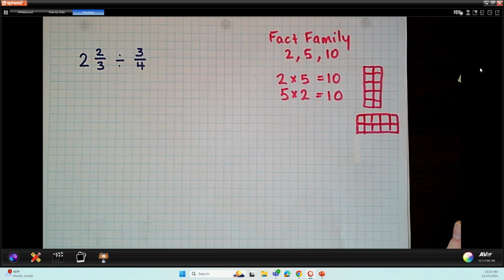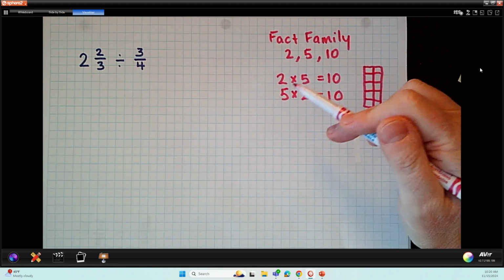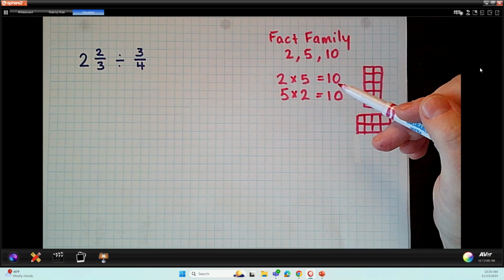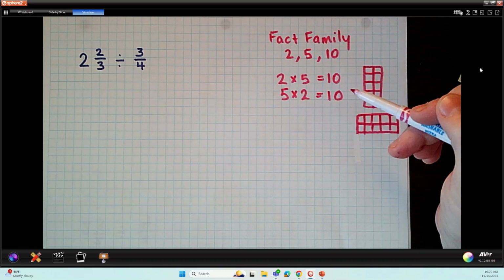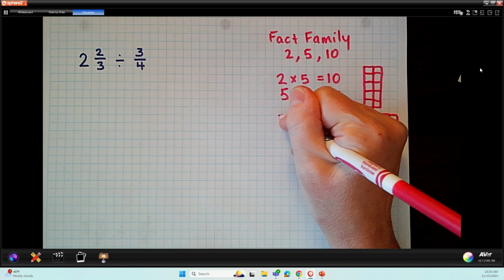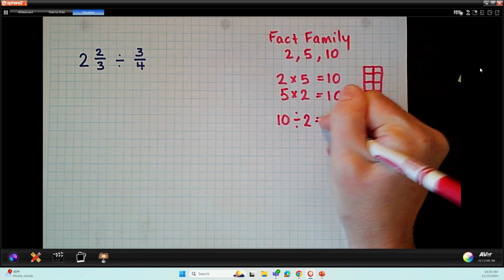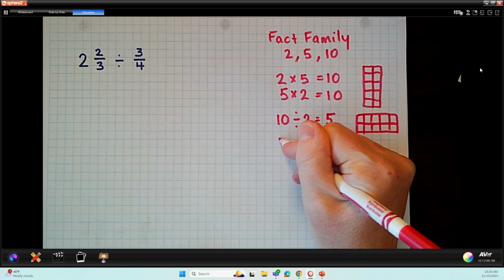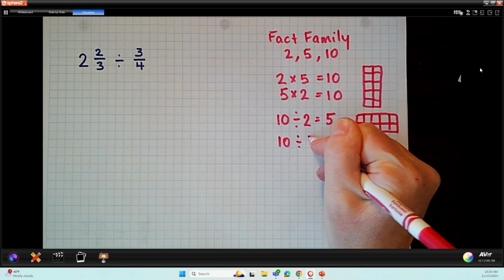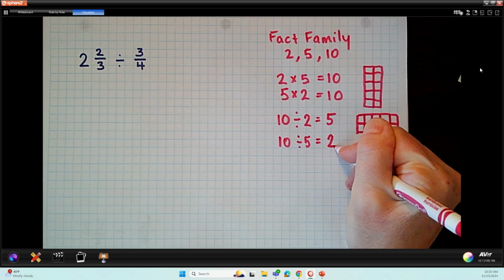Now, when they started to learn to divide, we helped them understand that division is just multiplying in reverse. So if we know 10 and we need to divide it by 2, then we know the answer is 5. And if we know 10 divided by 5, then we know the answer is 2.